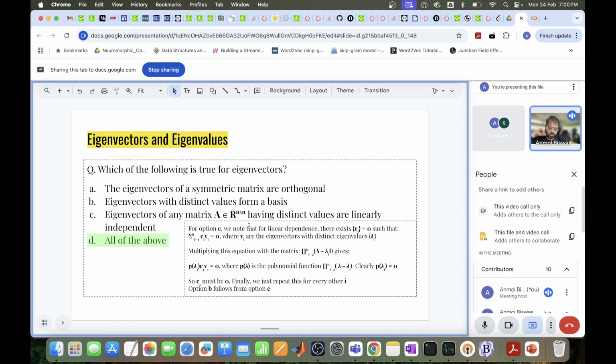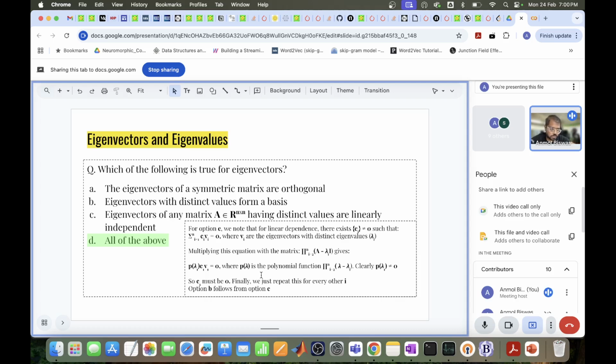And of course, here eigenvectors are defined for n cross n matrices, which means that there are going to be n different eigenvectors, and they will obviously form a basis, right? Because they are n eigenvectors of dimension n that are linearly independent, right?